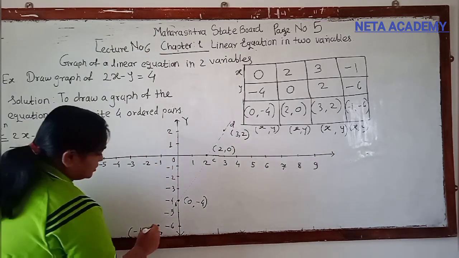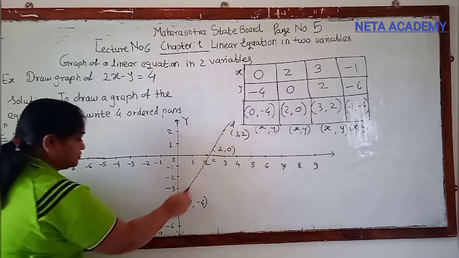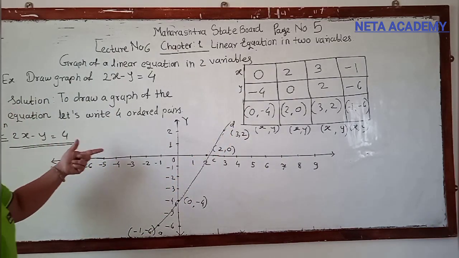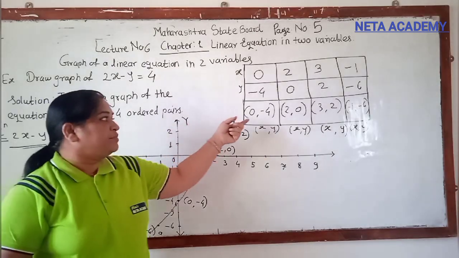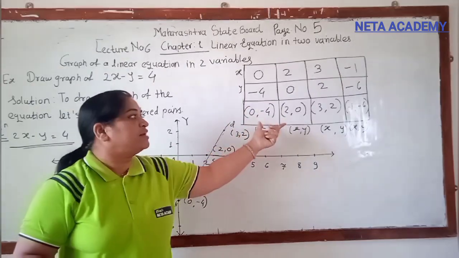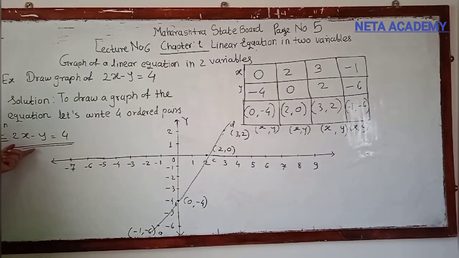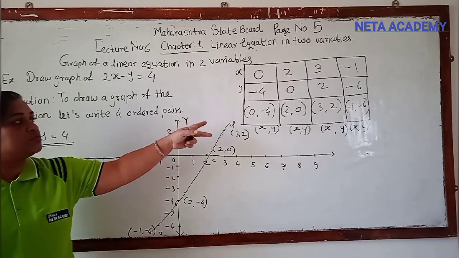This line is straight. So we have plotted the graph according to the pairs of x and y. That is the solution for the given equation, 2x minus y is equal to 4. So we had first found out the values.